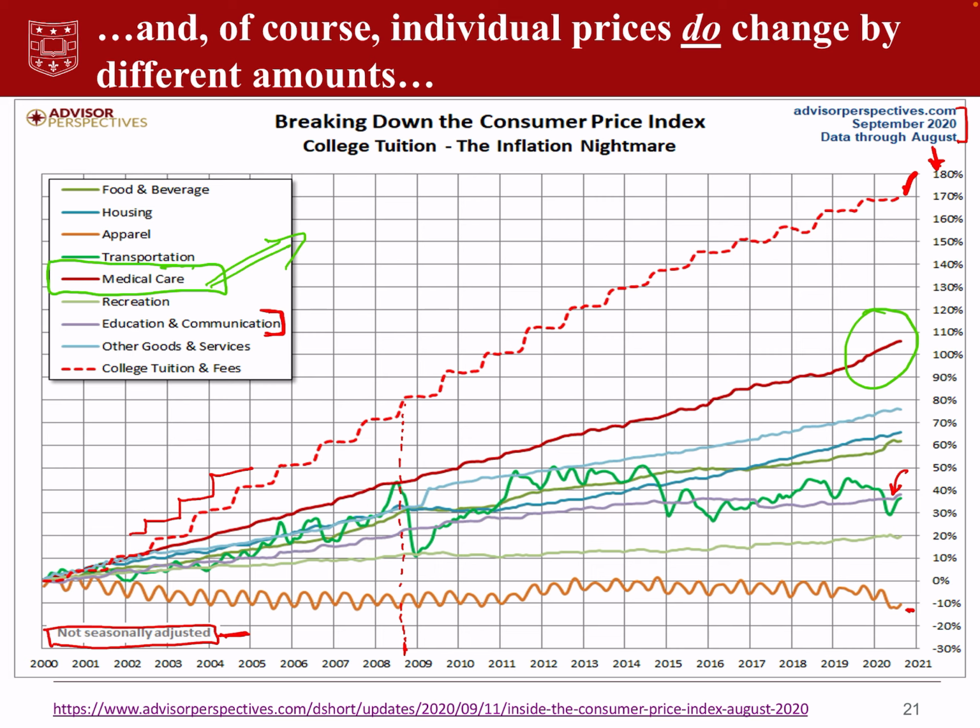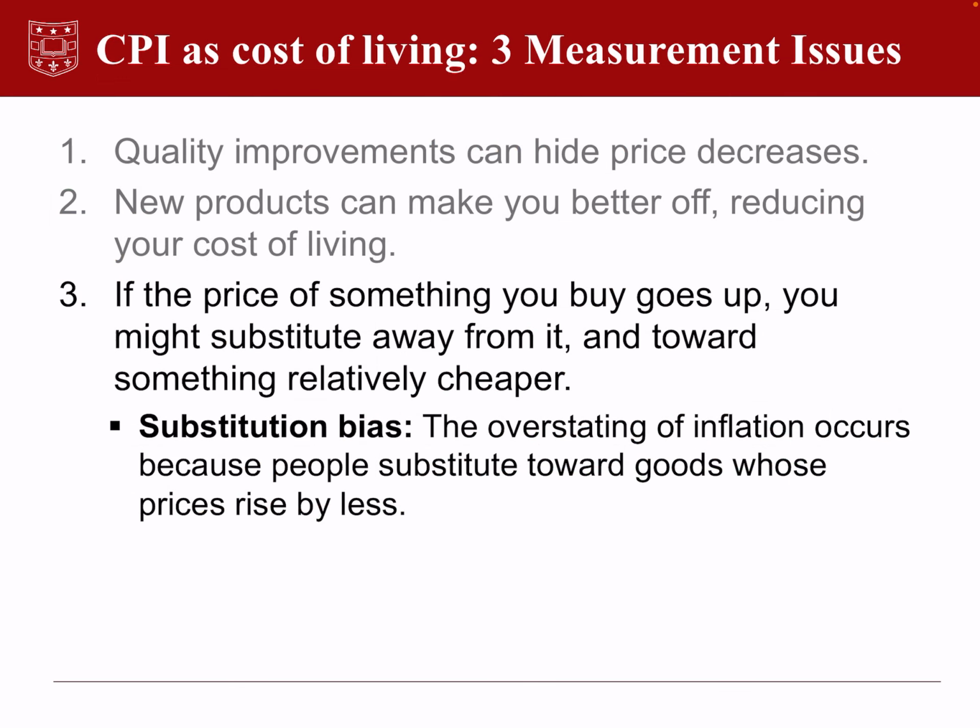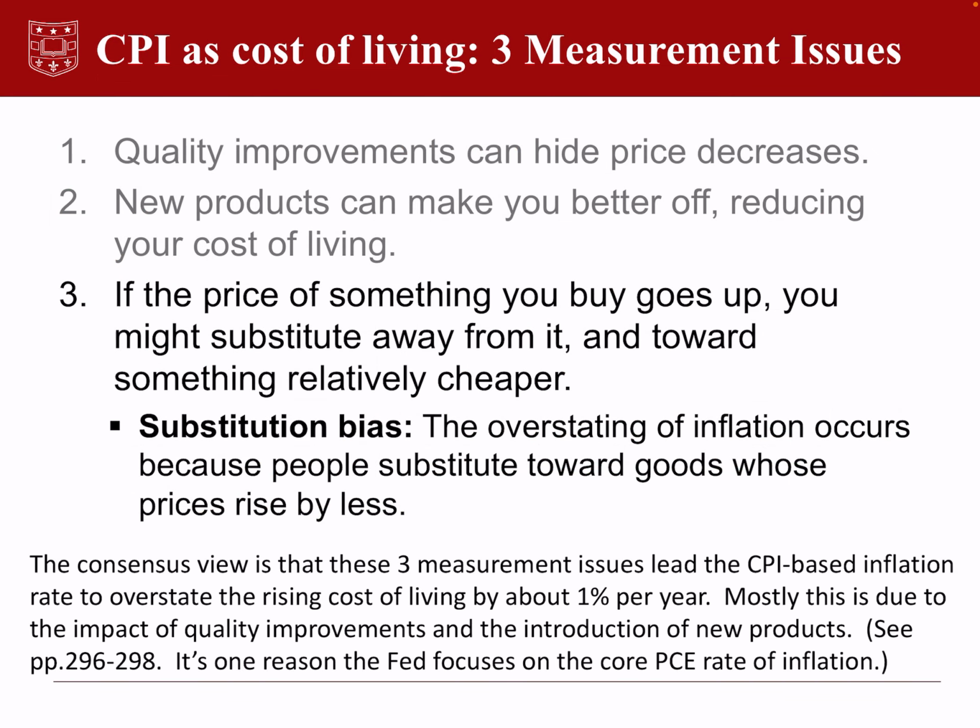So different people are facing different costs of living, and the best that we can do is just say overall for people, this is what we can observe. There's a further discussion of this in the textbook here, and it is one of the reasons why the Fed focuses on the core PCE rate of inflation.